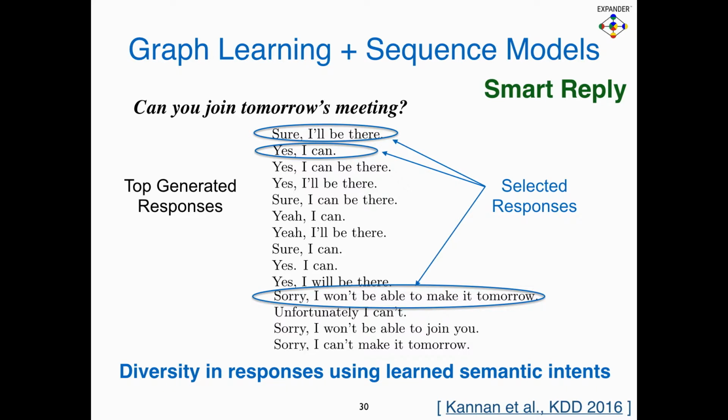In this case, we know that the first two are different intents, or at least slightly different intents, whereas this one is different, more negative: I can't make it. But all the other ones fall into one of those. So we are only going to show the three most diverse ones. So basically, you're trying to learn semantic intents by using graph learning and deep learning.